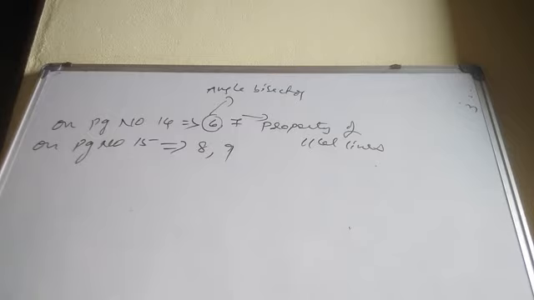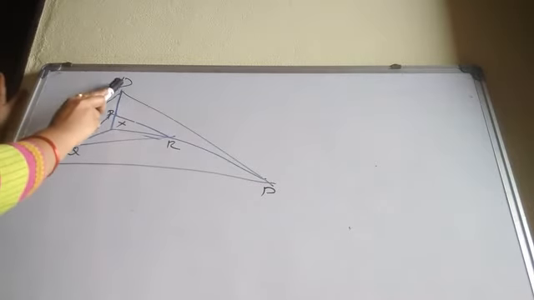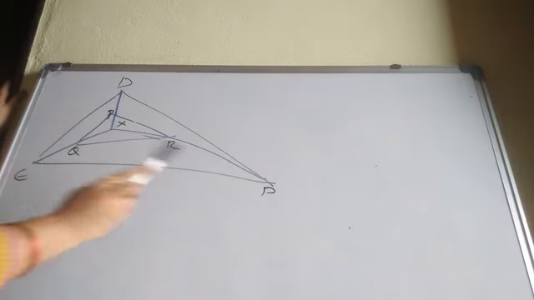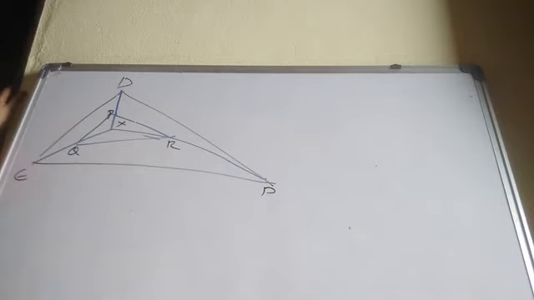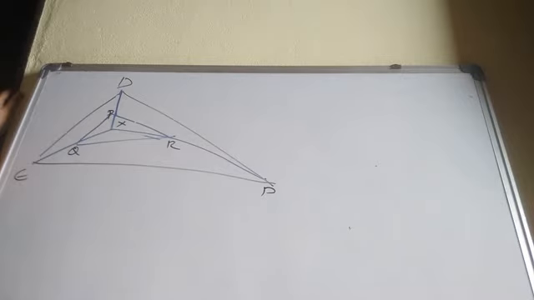Now coming to the 10th one. 10th one is an activity. Students, 10th one activity. Here, DEF is a triangle. Inside the triangle is PQR. Now we will read the question.